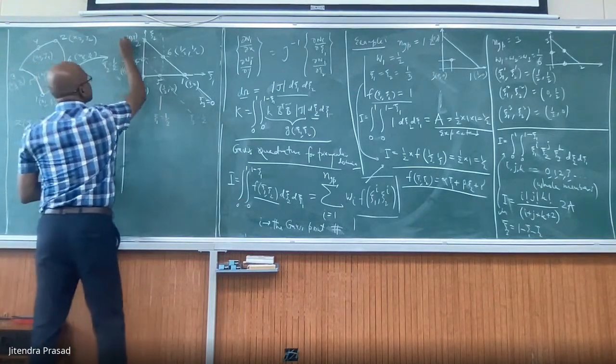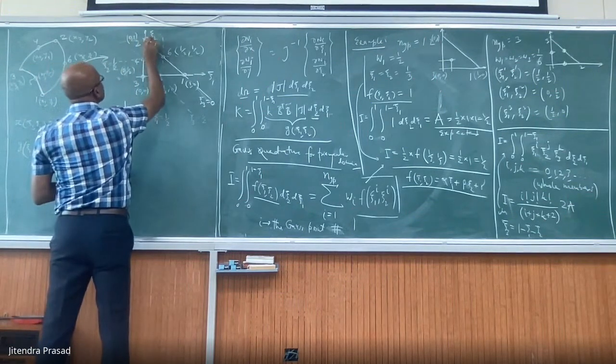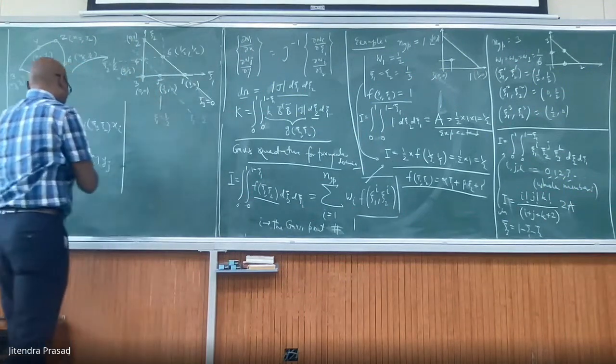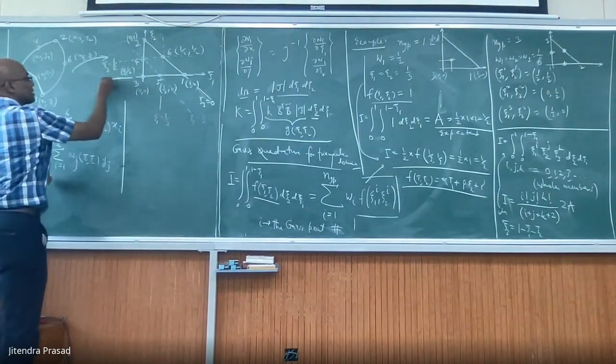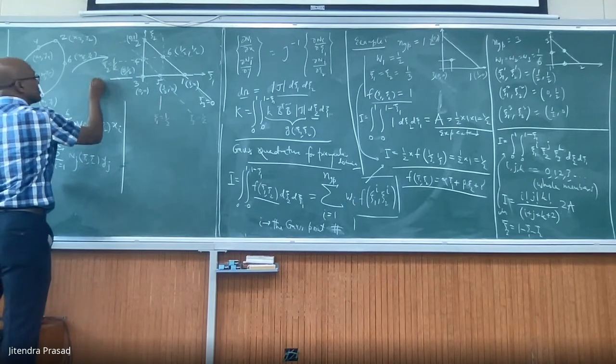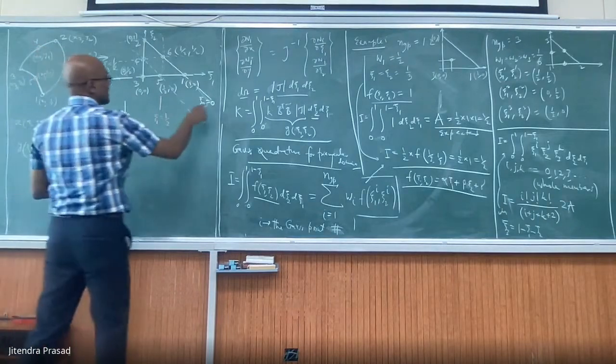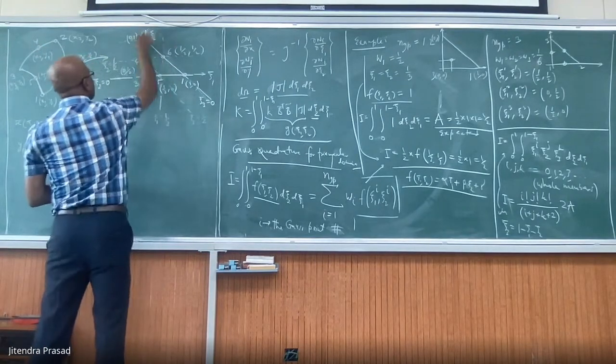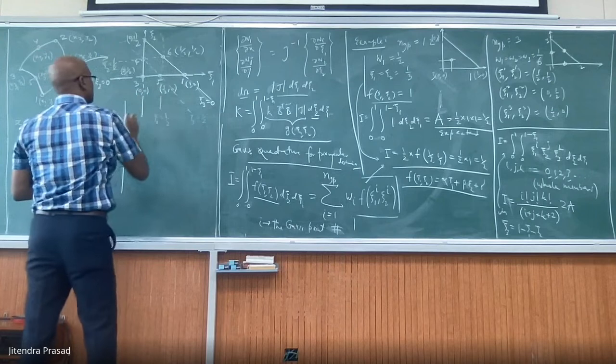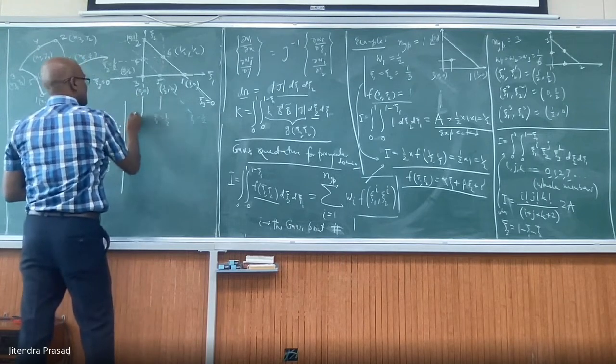And this is xi2 equal to 1. What is this line? This line is xi2 equal to 0. This is xi3 equal to 0, and this line is xi1 equal to 0.